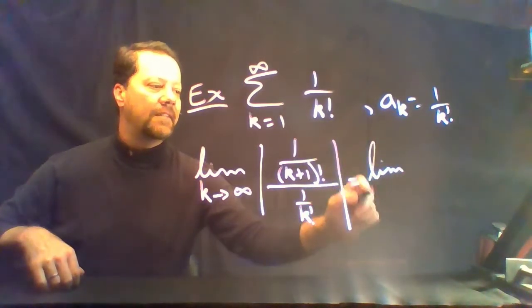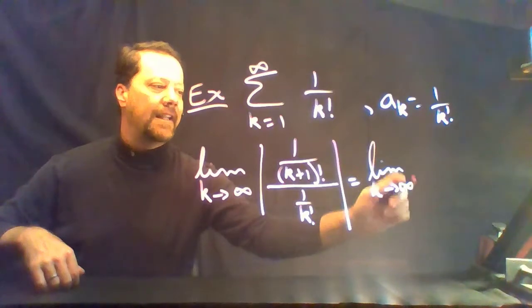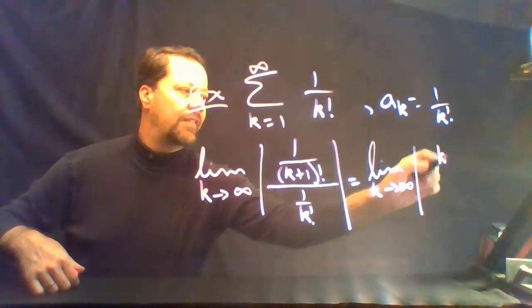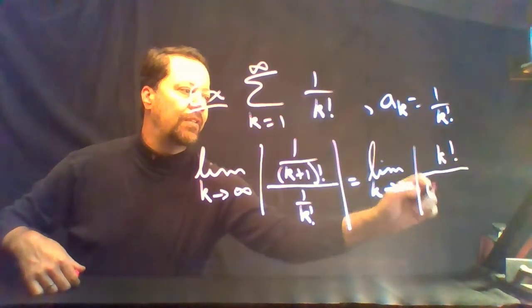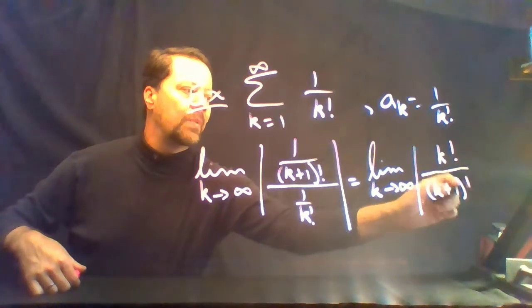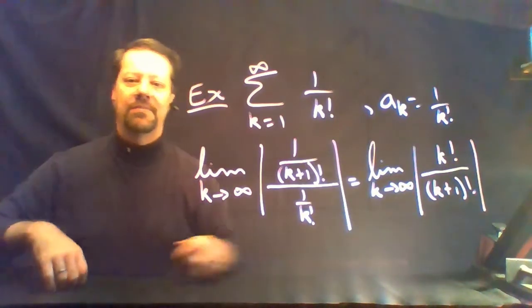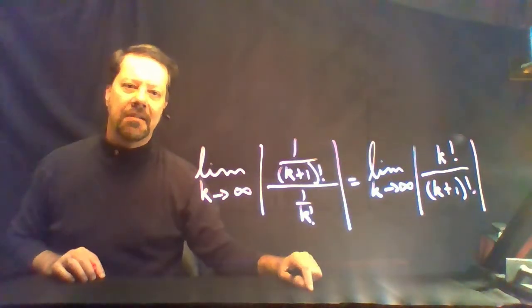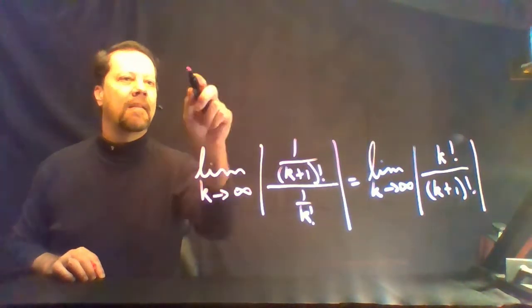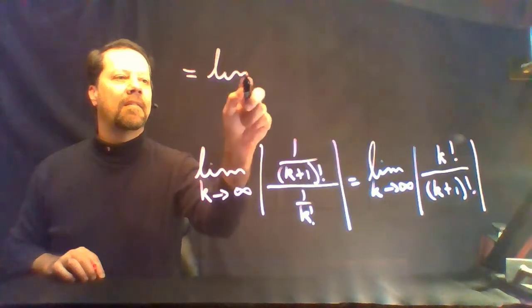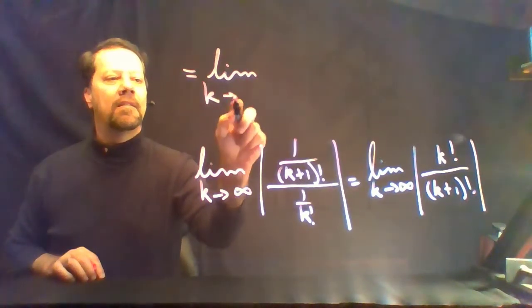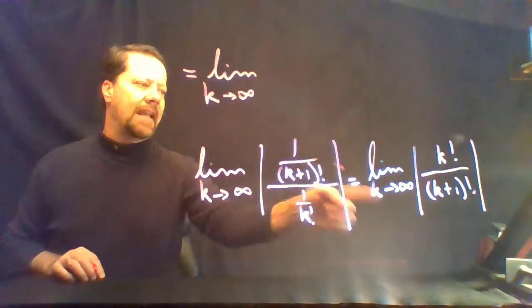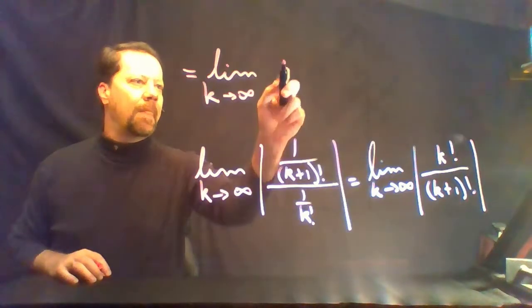That's equal to the limit as k goes to infinity of k factorial over (k plus 1) factorial. A ratio like this is something you need to learn how to simplify. The absolute values don't matter here.